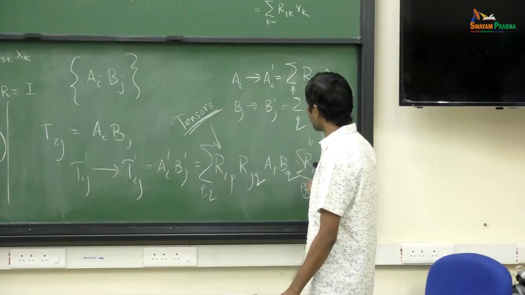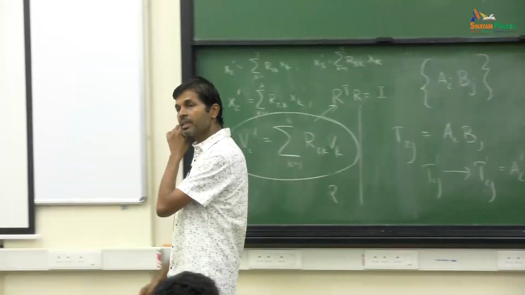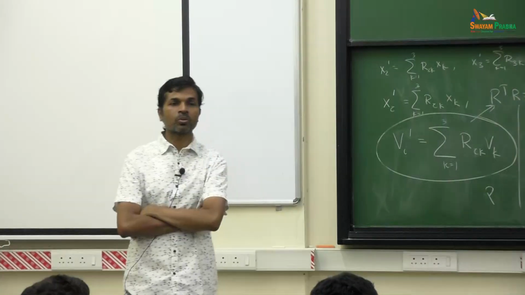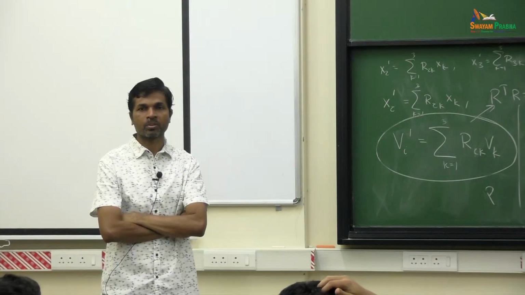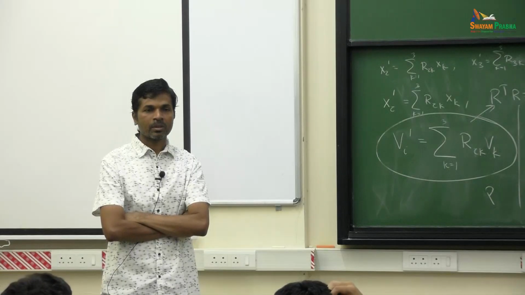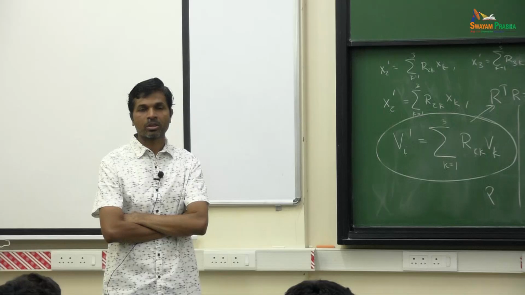If you have 2 R's, then you call this a tensor of rank 2. Depending on how many R's you have in the transformation rule, you call these quantities tensors of that rank.